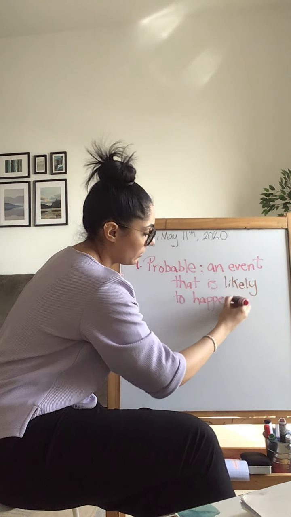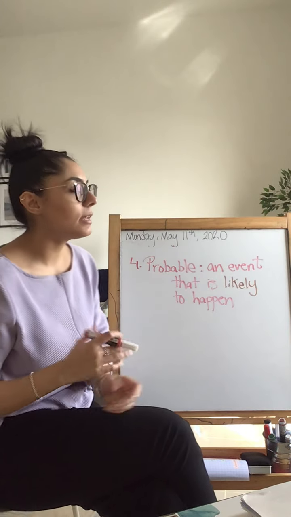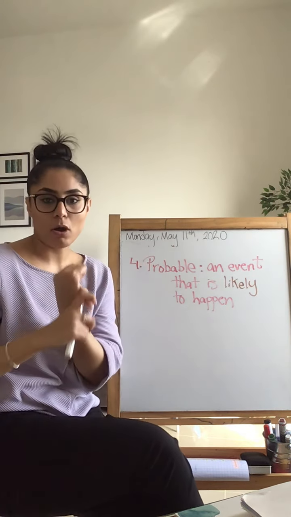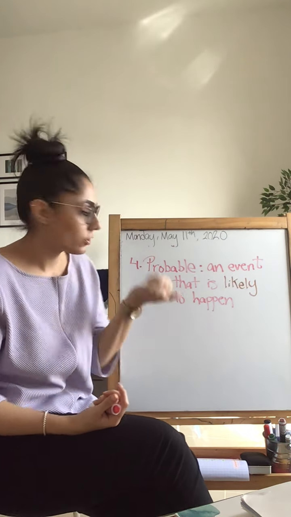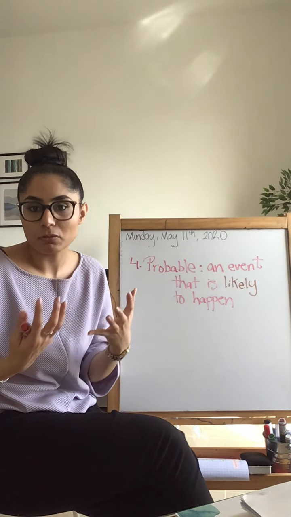It's likely to happen. So what I mean by that is something that is probable. So if you think of the other groups, we had possible, impossible, certain. So look at, obviously it's not certain, and it's obviously not impossible. So it's in the group of possible, right?